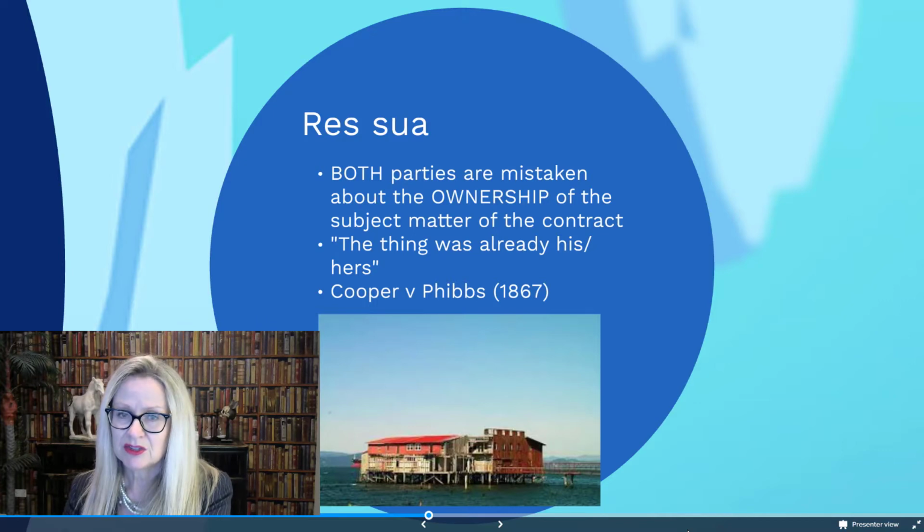So in actual fact, the cousins didn't have anything to lease to him. It was already his. And this is a classic kind of scenario for res sua. So at common law, that contract was void.